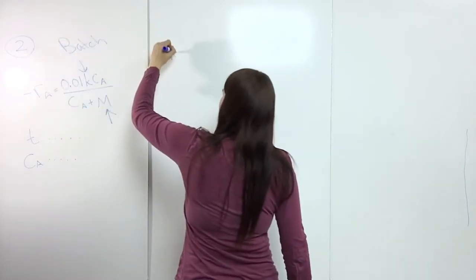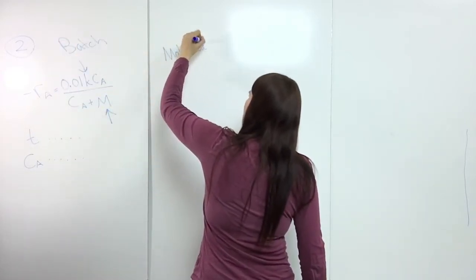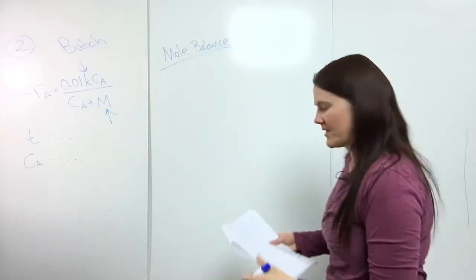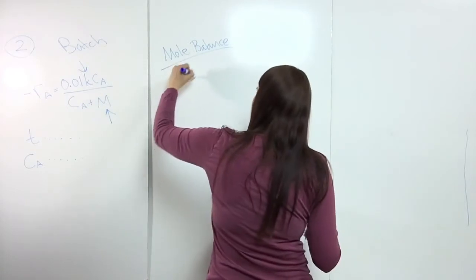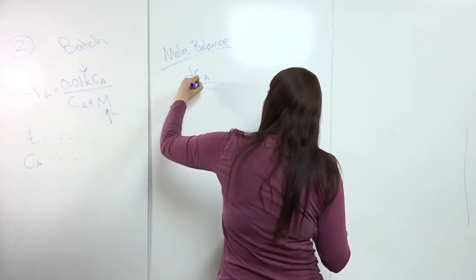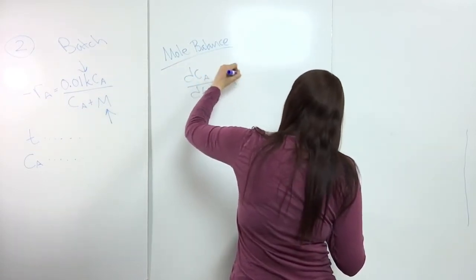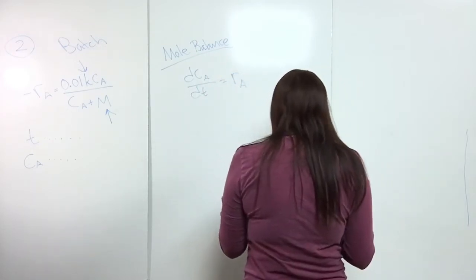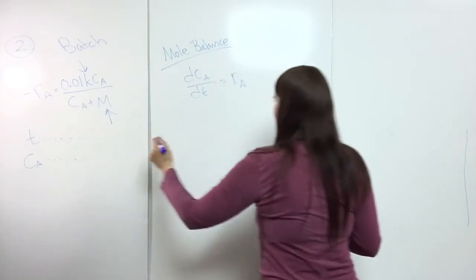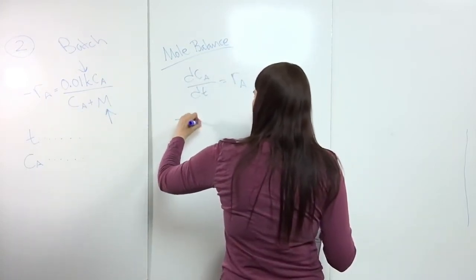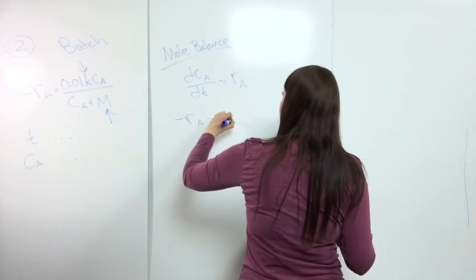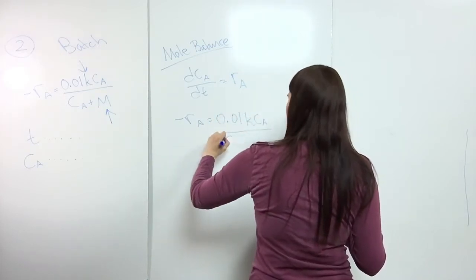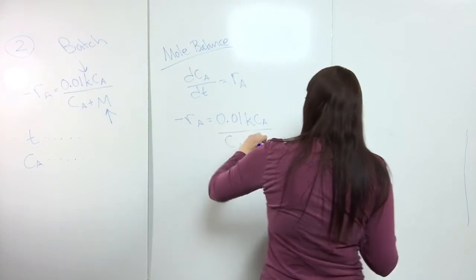So first of all, you want to write down the mole balance for a batch reactor, and that is dCA/dt is equal to rA. And then we know what rA is, so minus rA is equal to 0.01 K CA over CA plus m.